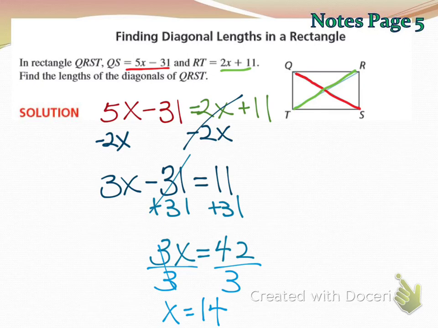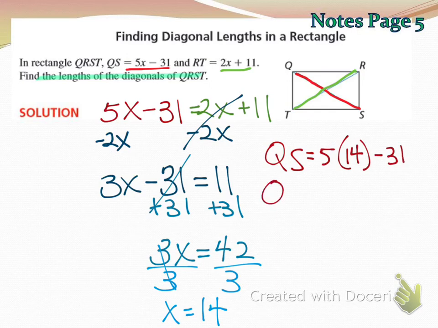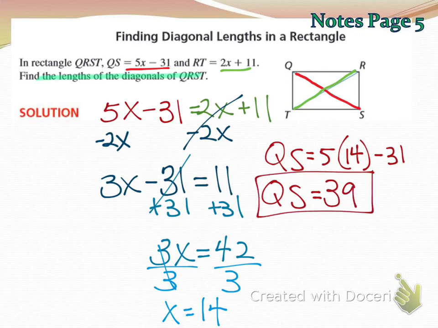Did it ask me what x was? No. It says find the length of the diagonals, so we got to plug it in. The length of QS is 5 times x minus 31, which is, what is it? I would make sure you still plug it into both, just to make sure you're correct.